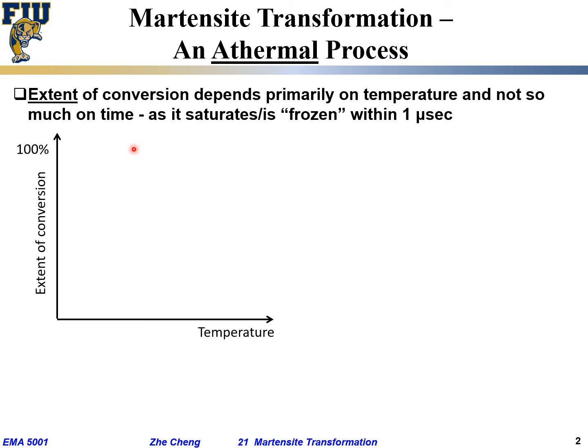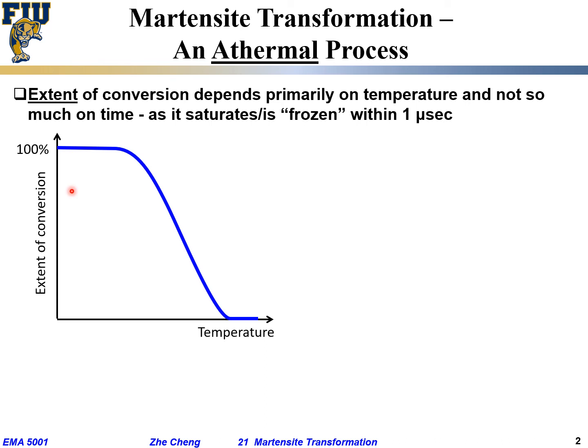If we plot on the left side the extent of conversion versus temperature, at higher temperature towards the right, the extent of transformation would be 0. But as the temperature goes lower and lower, depending on how low we quench, the transformation quickly increases and saturates.